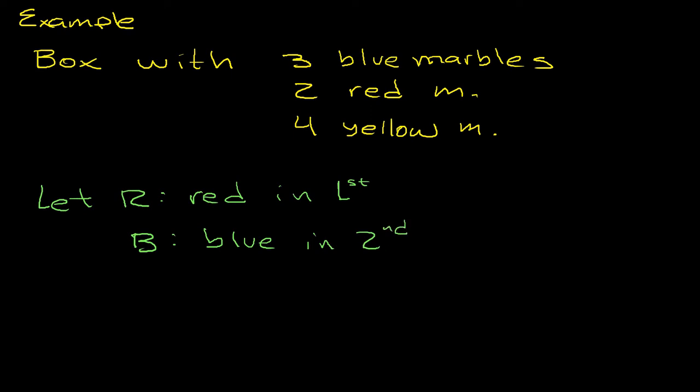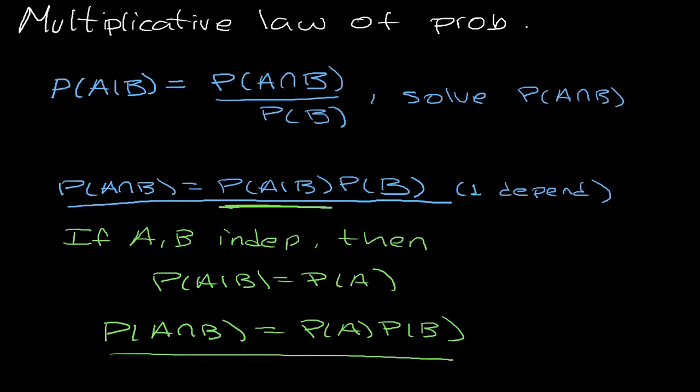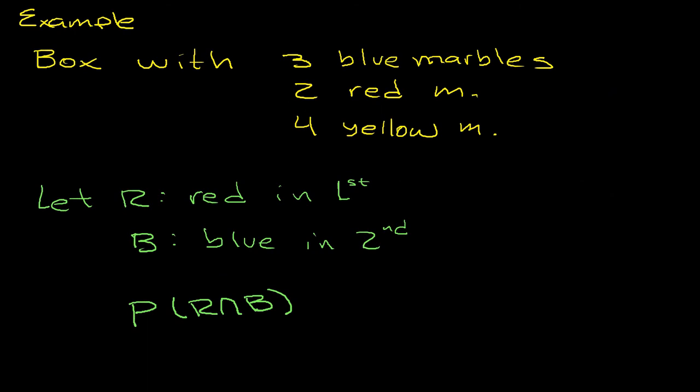So now I want to compute the probability that I will end up with a red marble followed by a blue marble, the probability of the intersection. To compute this probability, we use the multiplicative law of probability. So this is the probability of blue given red times the probability of red. This is just the definition of the multiplicative rule.